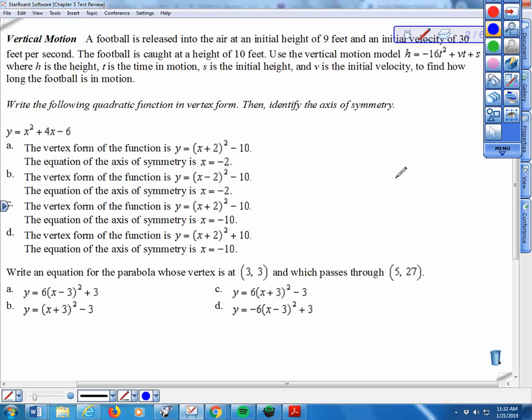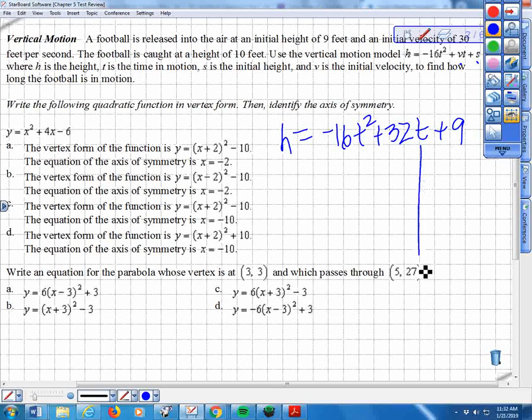Use the vertical motion model, which they give us, where h is the height, t is the time in motion, s is the initial height, so s is 9, and v is the initial velocity, so that's 32. So that's my equation. It wants to know how long the football is in motion. It says it's caught at 10 feet.